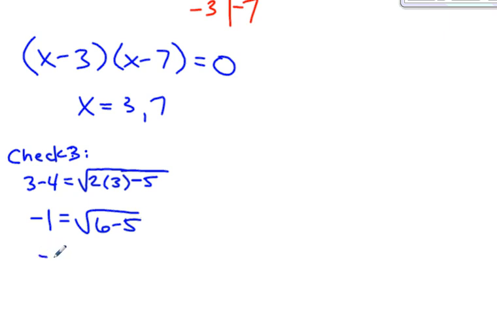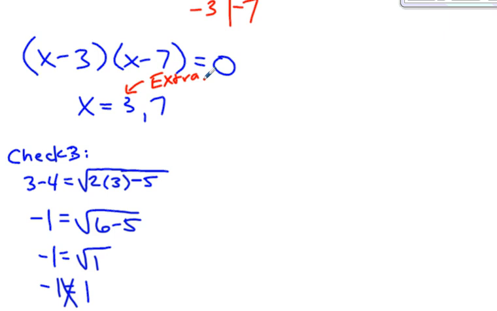Because what's going to happen is the square root, so 6 minus 5 is 1, the square root is going to have to be positive, which can never equal a negative, so that's not the case. So 3 would be considered an extraneous solution. Not extra, but extraneous, so that's just shorthand.